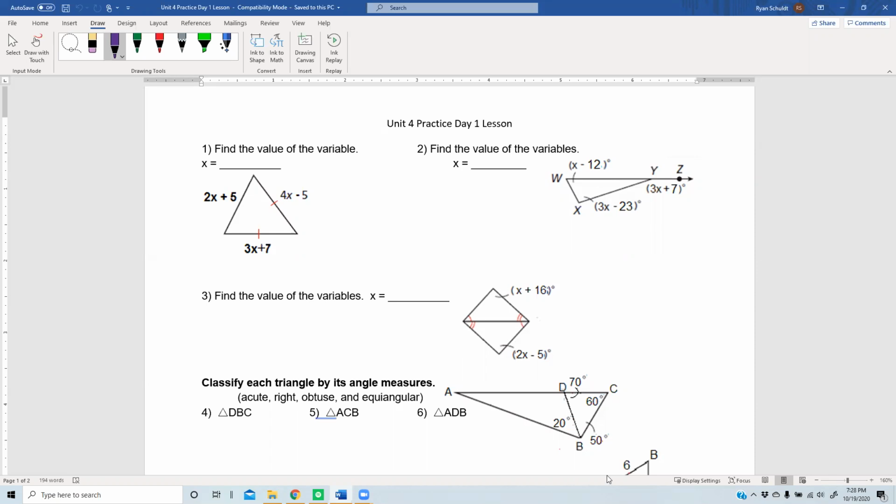So for number 1, they ask us to find the value of the variable x. When we do this, we have to look at what information they give us. Now, I see these 2 marks here. This tells me that these 2 sides are the same. So to get x, I have to set 4x minus 5 equal to 3x plus 7.